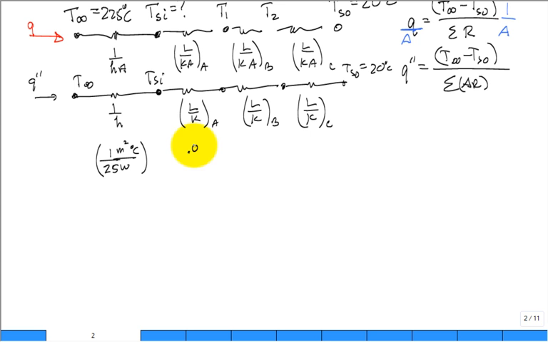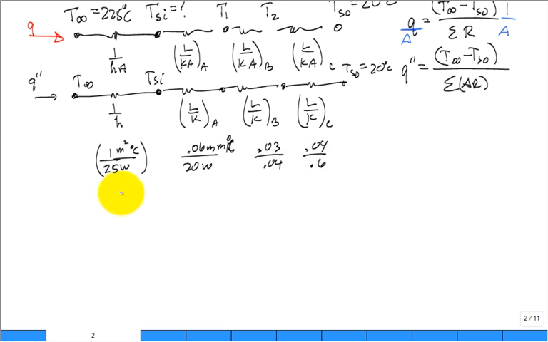It's 0.06 meters divided by the thermal conductivity. It's 20 watts per meter Kelvin or degree C, either one. It's a change in temperature. So you can see the units are the same for each of these terms, and then it'll be 0.03 divided by 0.04, and then it'll be 0.04 divided by 0.6.